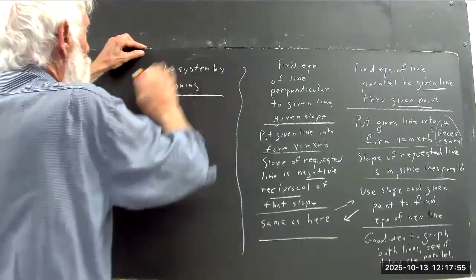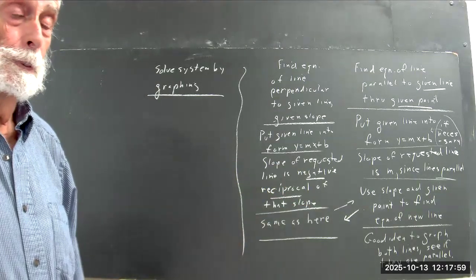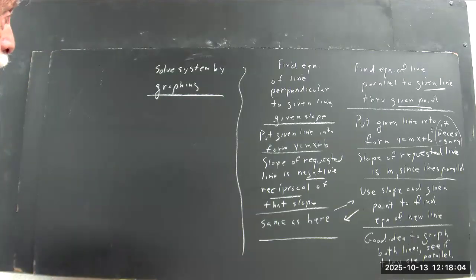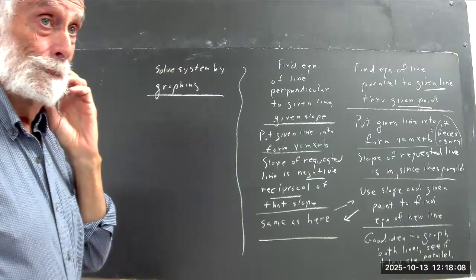I won't even say the system of linear equations, but I'm only going to ask you about linear equations at this point, okay? You can solve any system by graphing if you can graph the equations.